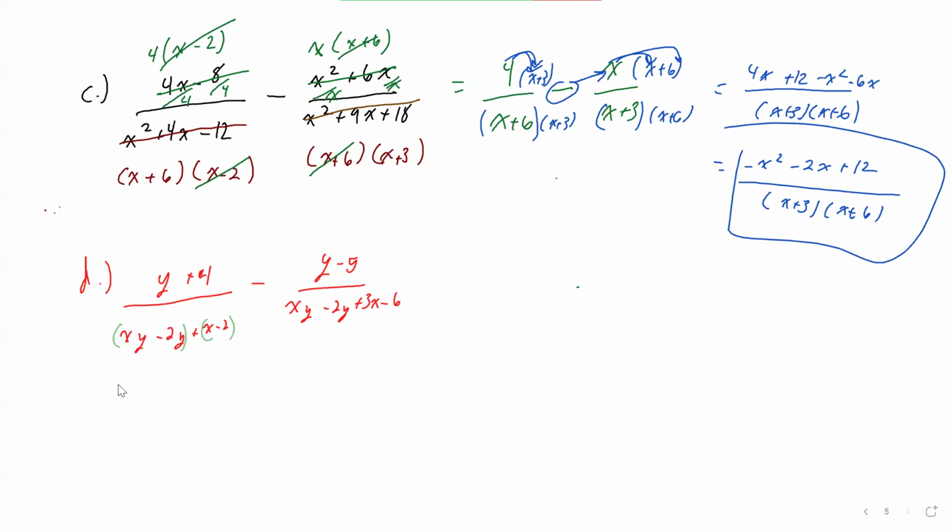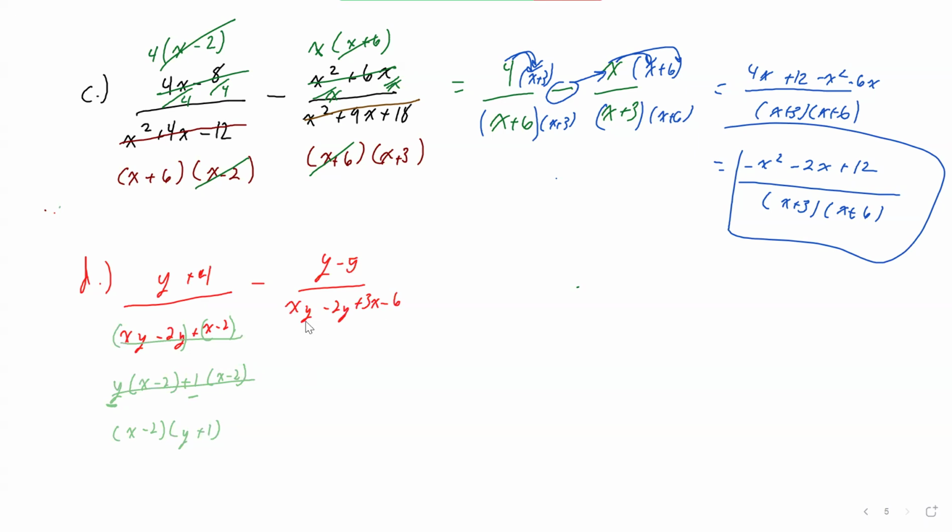Xy and 2y have a y in common, so I'm left with x minus 2. X minus 2 can always be factored by a 1. I'm left with x minus 2. And then they both have an x minus 2 in common, so I'll factor that out. And then I'm left with y plus 1. And because of that, the y, that's a plus 4, correct? Yep. So I can stop there.